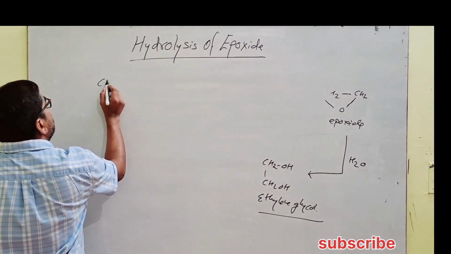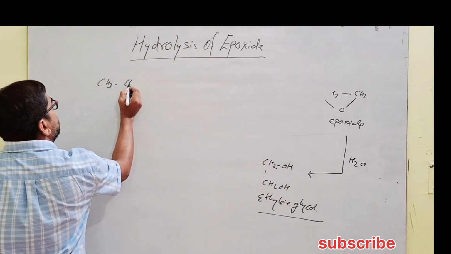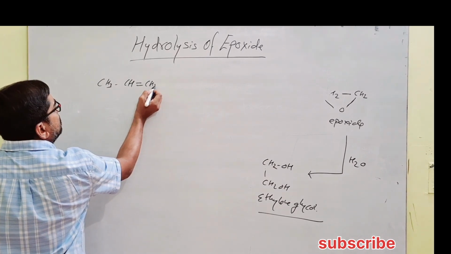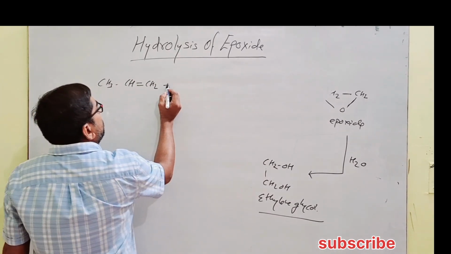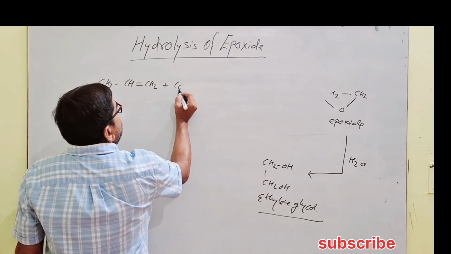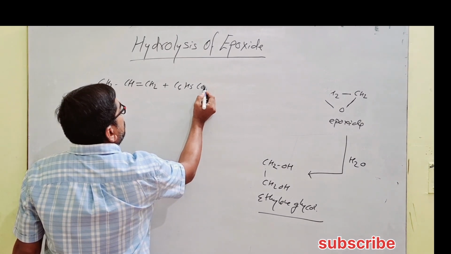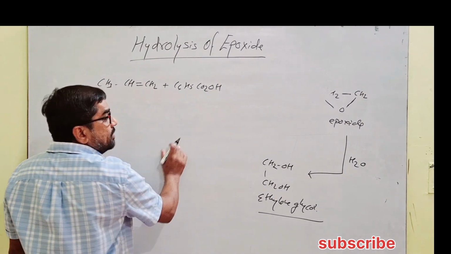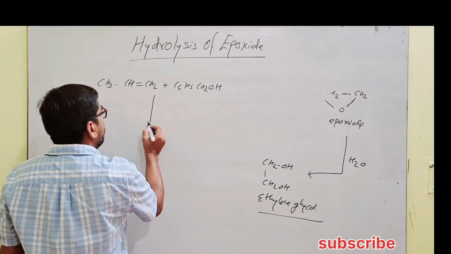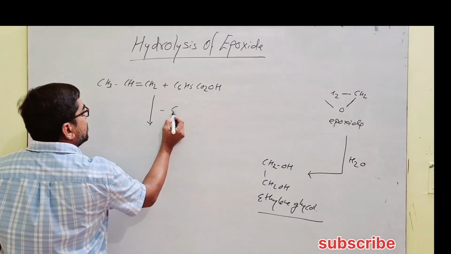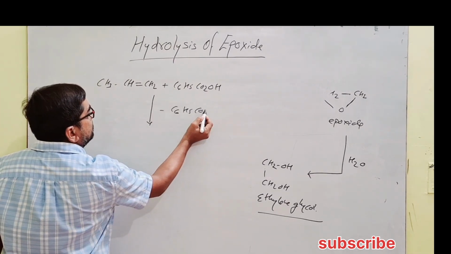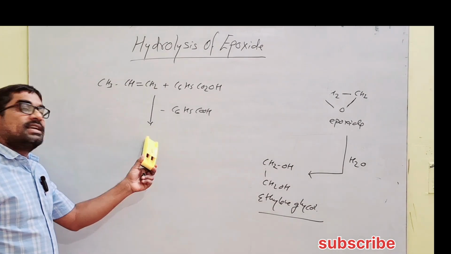If we take CH3CH=CH2, then with C6H5CO3H, perbenzoic acid, it reacts with elimination of C6H5COOH, benzoic acid.